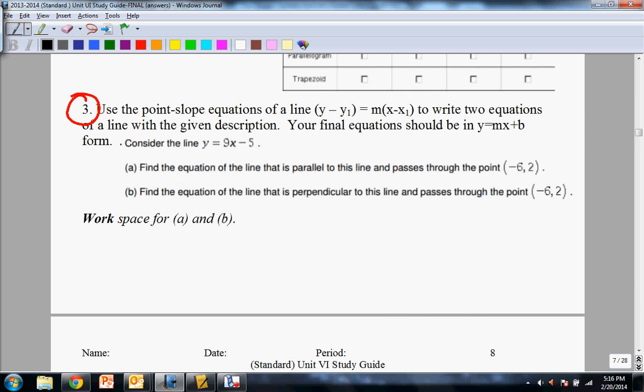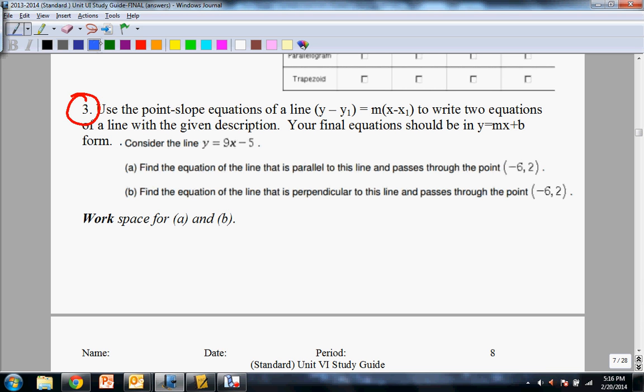So number 3 says use the point-slope equation of a line, y minus y1 equals slope times x minus x1, to write 2 equations of a line with a given description. Your final equation should be in y equals mx plus b form.